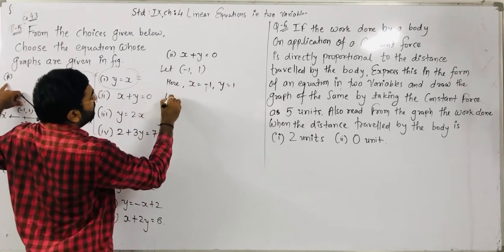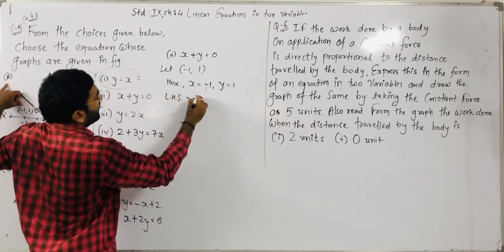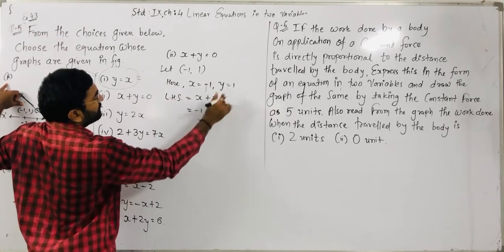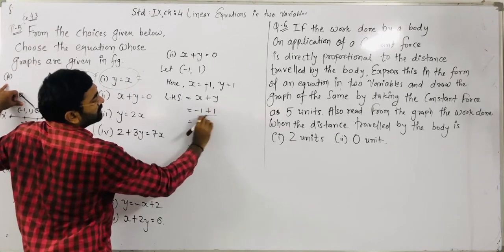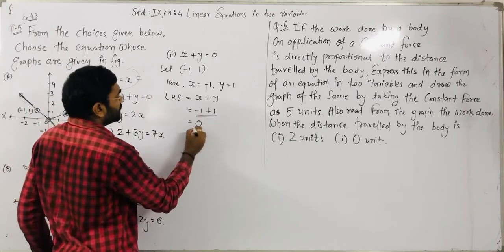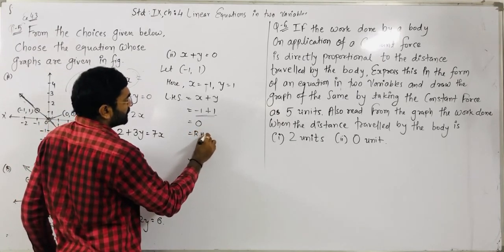If we put them in the left-hand side, x plus y, the x value is -1 plus the y value 1. So -1 plus 1 is 0, which is our right-hand side of the equation. So yes, it is satisfied.